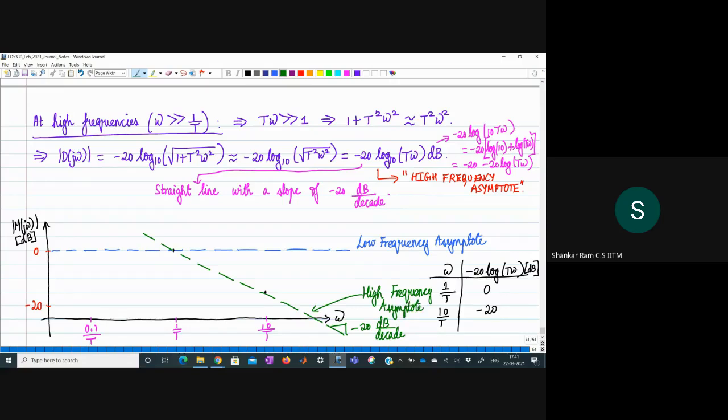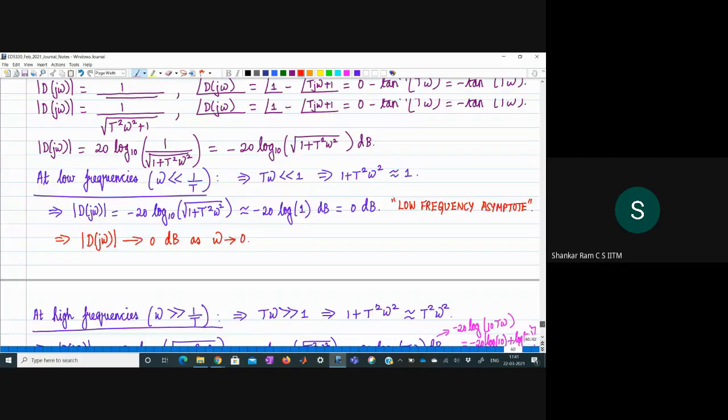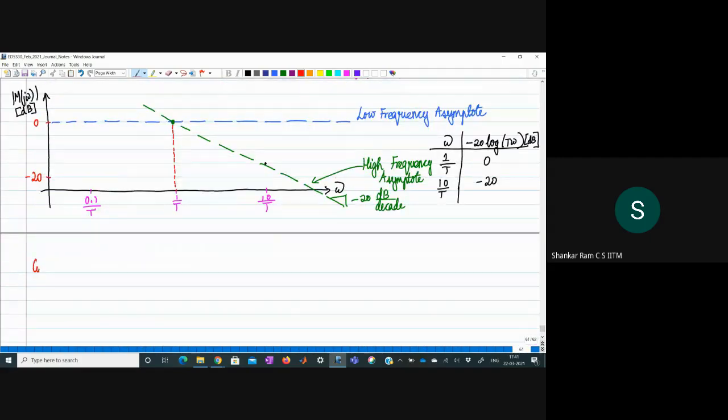Okay, and you can immediately see that both the high frequency and the low frequency asymptote intersect at the frequency 1 by t. And this 1 by t is what is called a corner frequency, or the break frequency. It is the frequency at which the two asymptotes intersect.